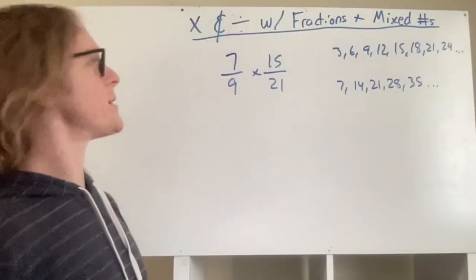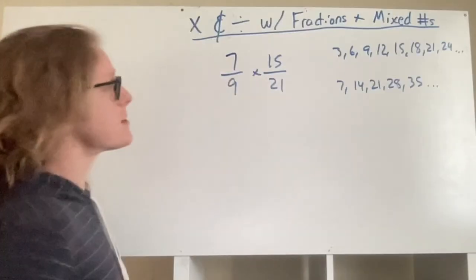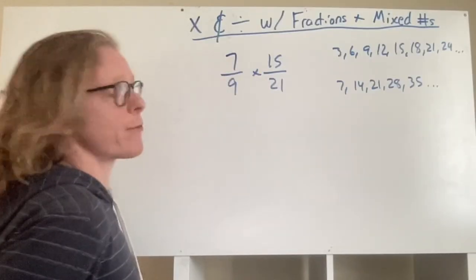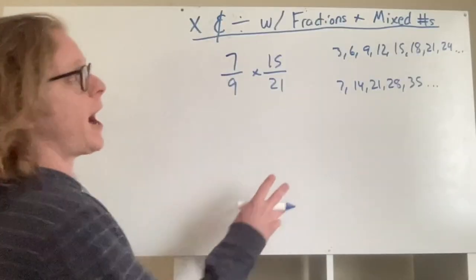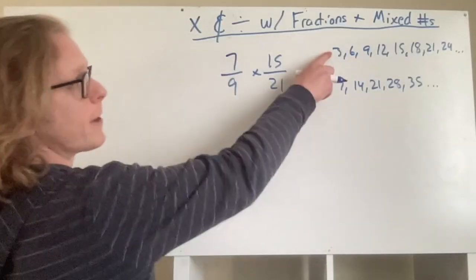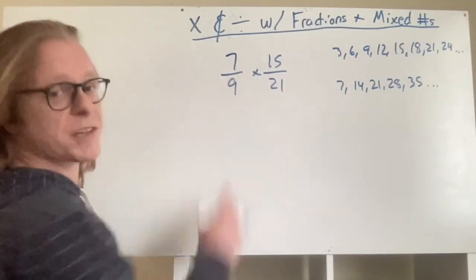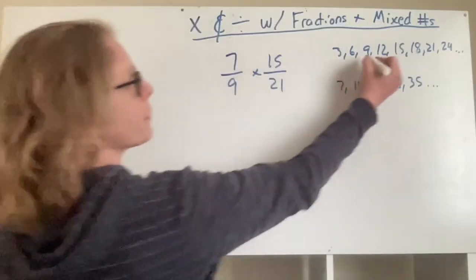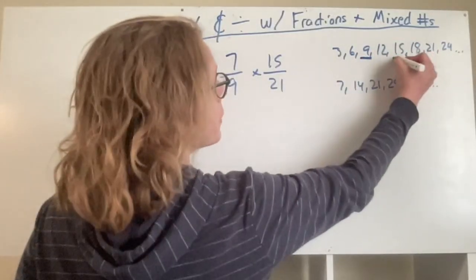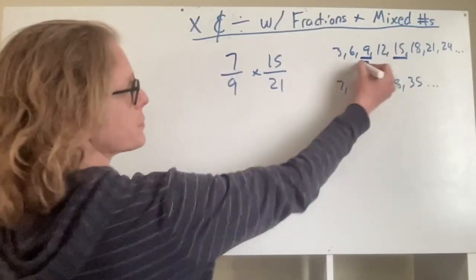Okay, the next problem we're going to take a look at before we dive into mixed numbers is 7/9 times 15/21. So remember, we should look for cross canceling. I've gone ahead and written the relevant times tables that we're going to be using to cross cancel. So 9 and 15, if you notice, those are both 3 times tables, right? This is 3 times 3, 1, 2, 3.